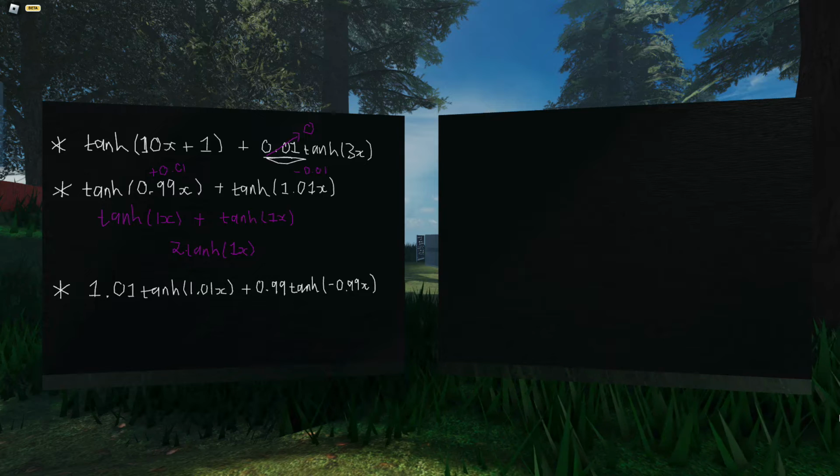So now if we do some perturbations, if we subtract 0.01 here, we get to 1x. And if we subtract 0.01 here, we get to negative 1x.